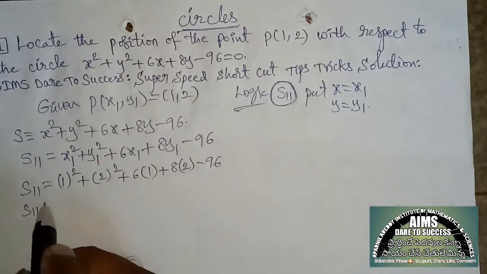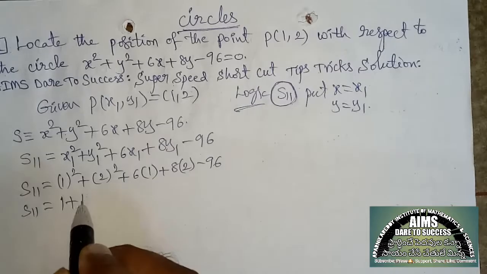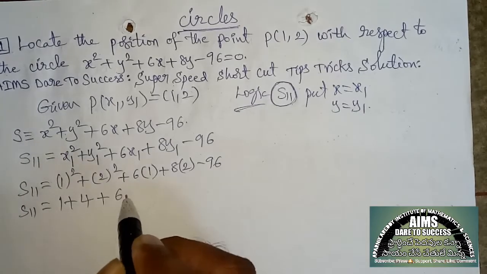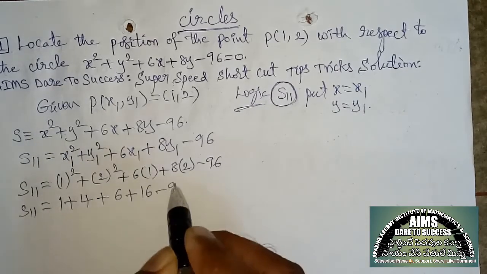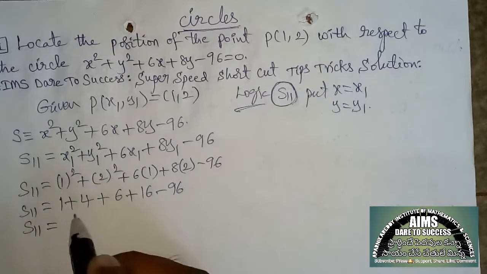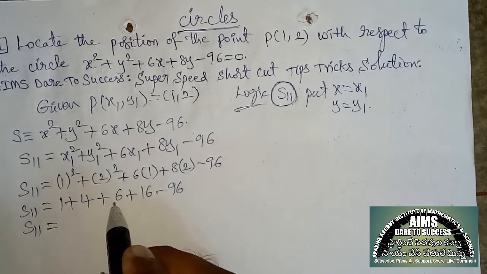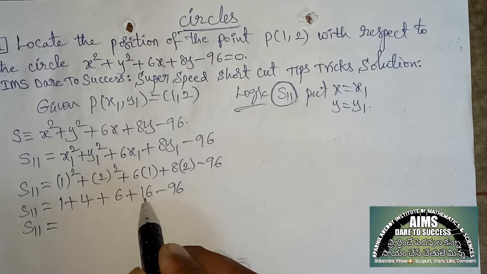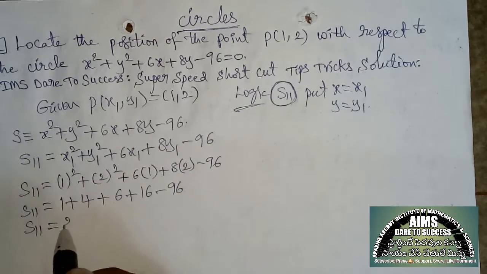So 1 square is 1, plus 2 square is 4, plus 6 ones are 6, plus 8 twos are 16, minus 96. So S11 is 6 plus 4 is 10, plus 16 is 26, plus 1 is 27, minus 96.